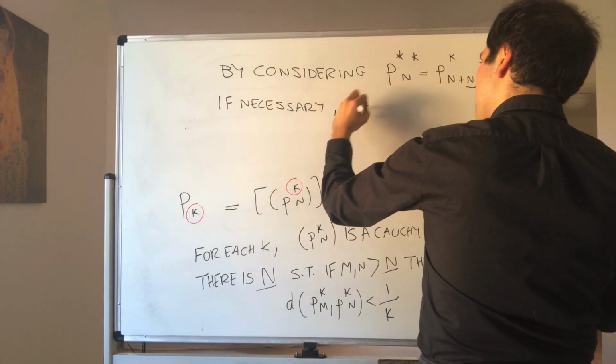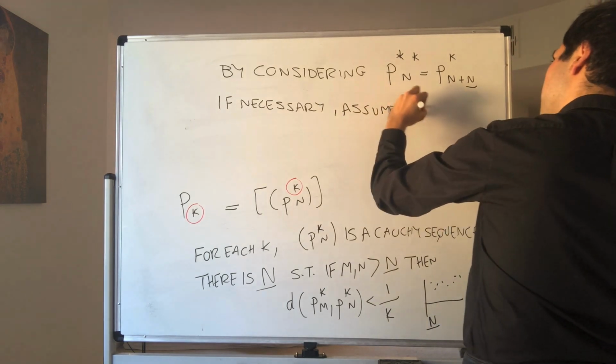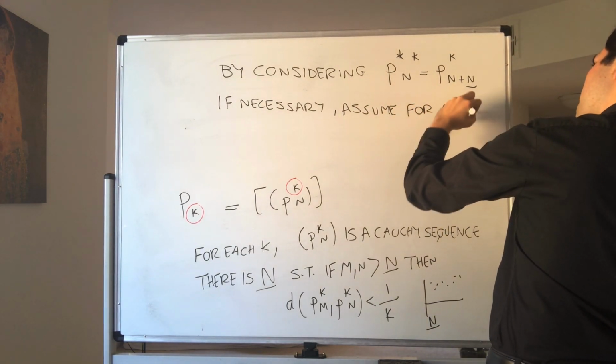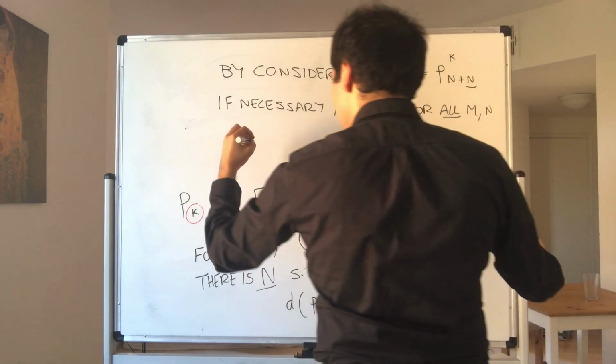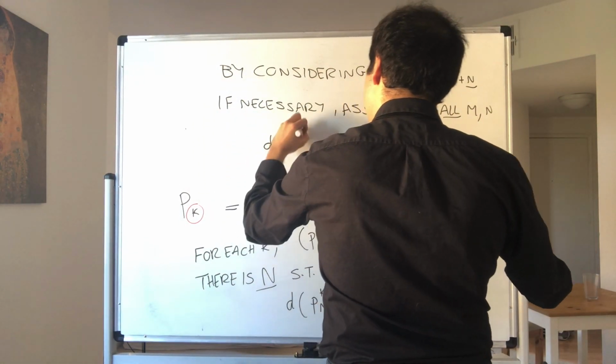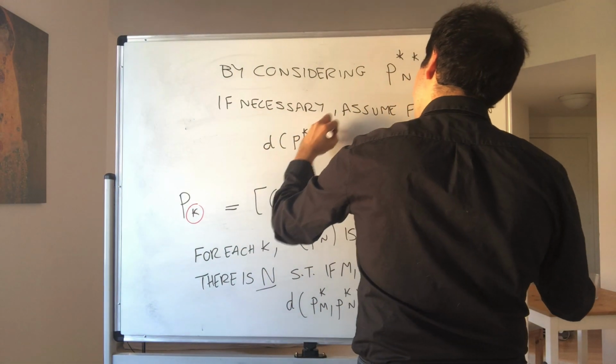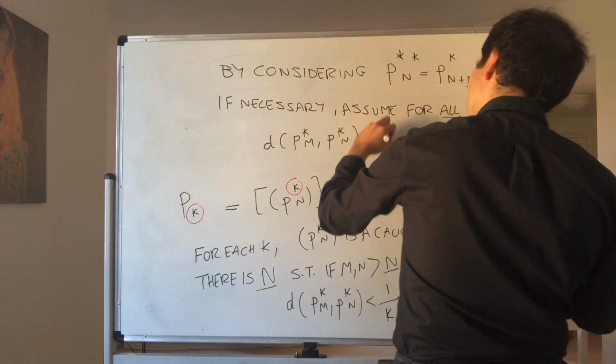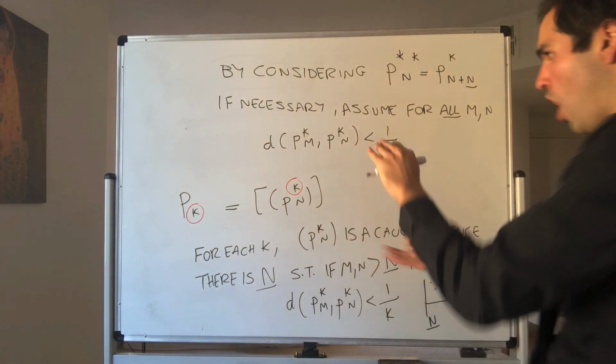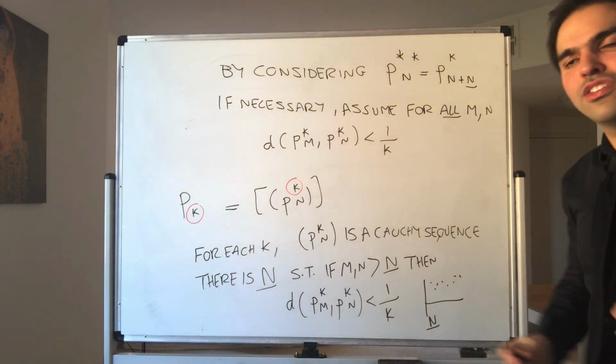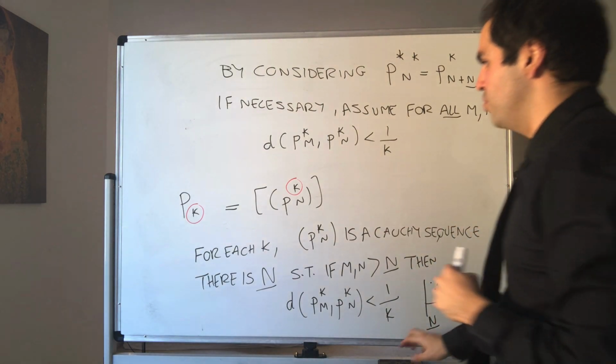Assume for all m and n, we have the distance between P_km and P_kn is less than 1 over k. So already initially, all the terms of the sequence are close together.